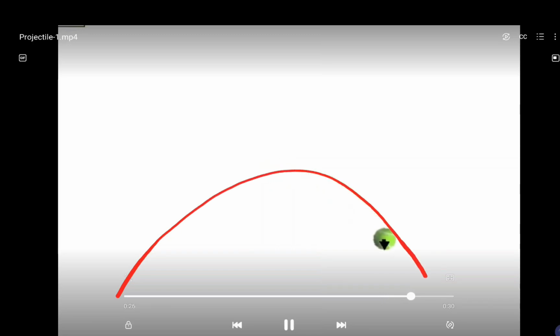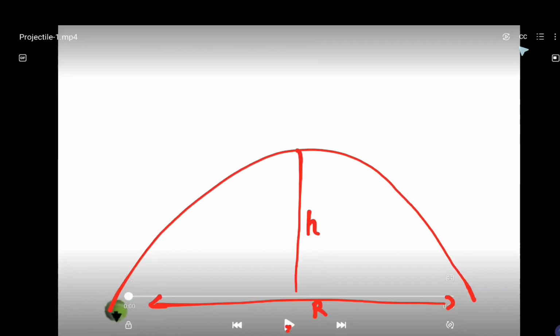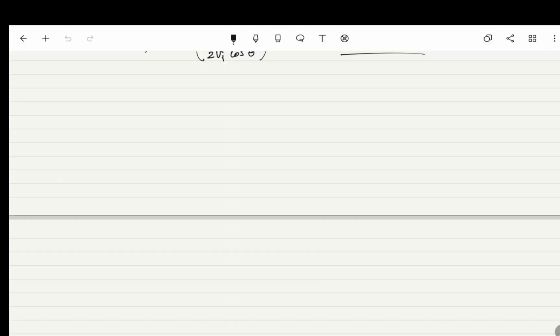This is the horizontal range, and this is the maximum height. Remember, at the maximum height, the y component of velocity equals 0 and the x component is constant.